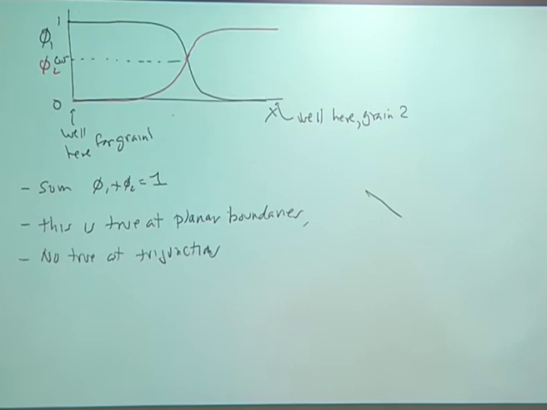So in other words, if you have grain 1, 2, and 3, you get phi equals 1 summing to 1 across those two boundaries. But here, actually, the sum is greater than 1. Okay? Questions?